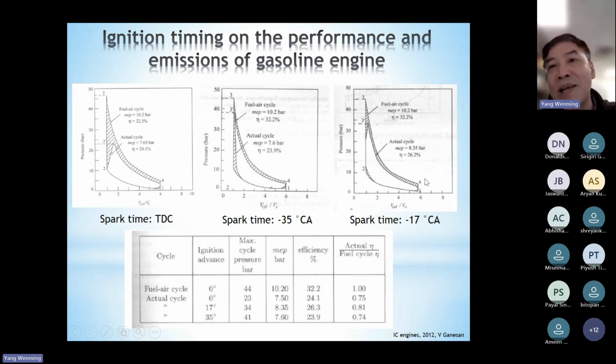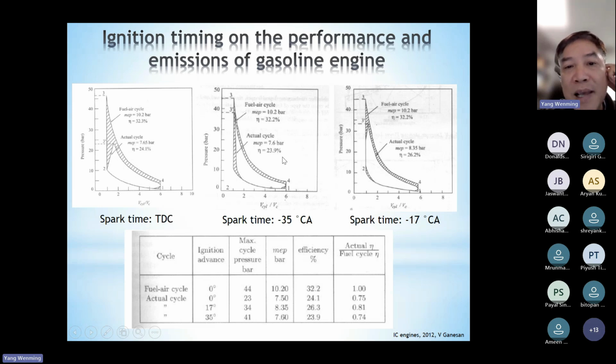And this one is 70 degrees before TDC. So comparing three different ignition timings, we can see this one produces the highest efficiency, about 26.2%. And this one is the lowest, only 23.9%, and this one 24.1%.